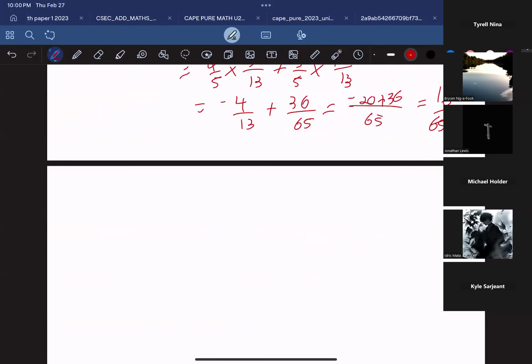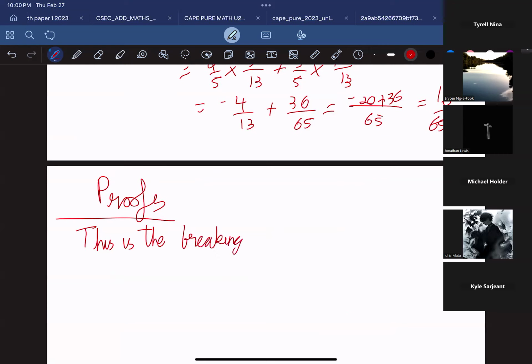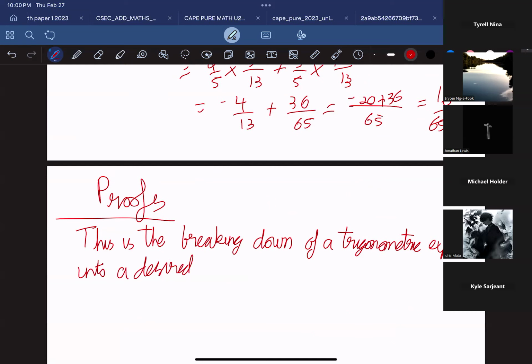All right, proofs. Last thing, proofs. So a proof is the breakdown of a trigonometric expression into a desired form.